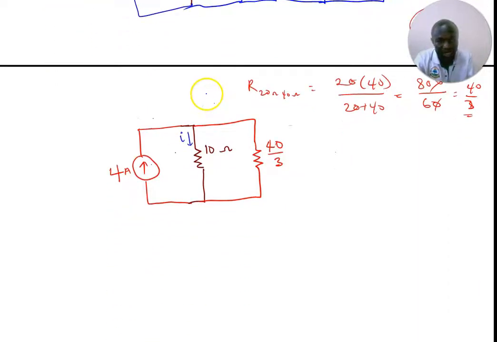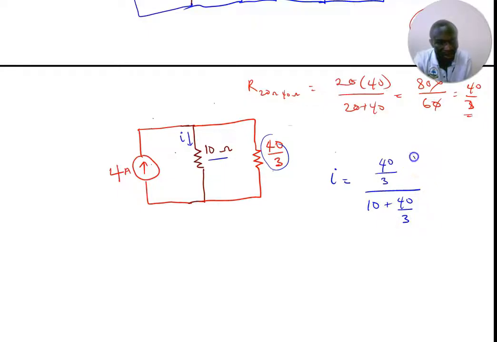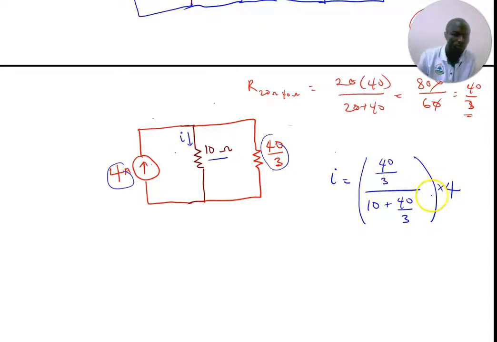So here, if I want to find it, the I is simply going to be the opposite resistance, which is 40 on 3, divided by the sum of the resistances, which is 10 plus 40 on 3, all multiplied by the total current, which is 4.